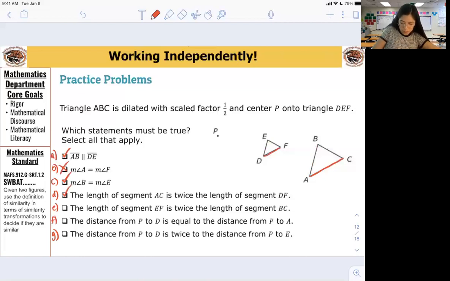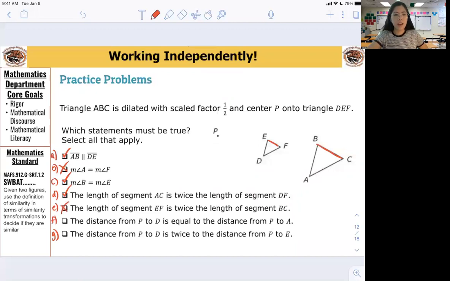E. The length of segment EF is twice the length of segment BC. I think it's false, because this one's going the other way. EF is half the length of BC. If they had said it backwards, then it would be true, but this is false.